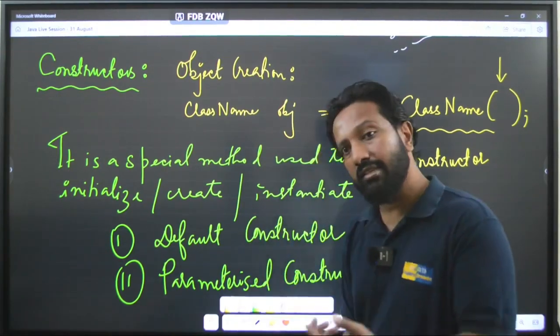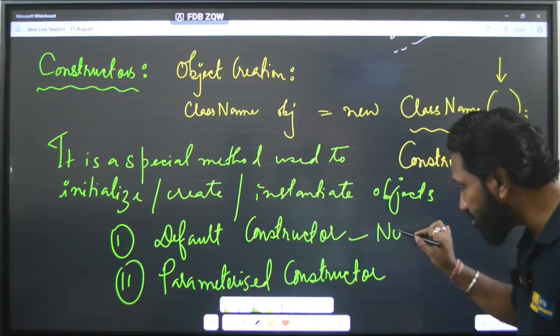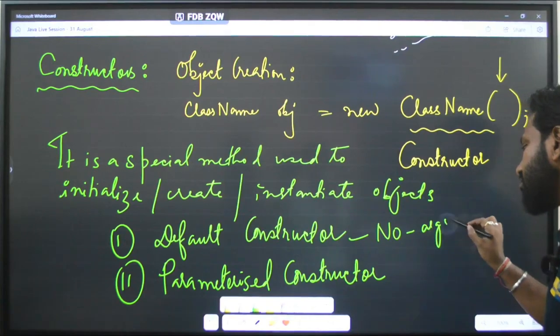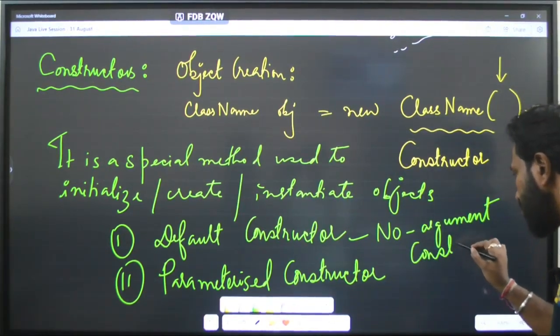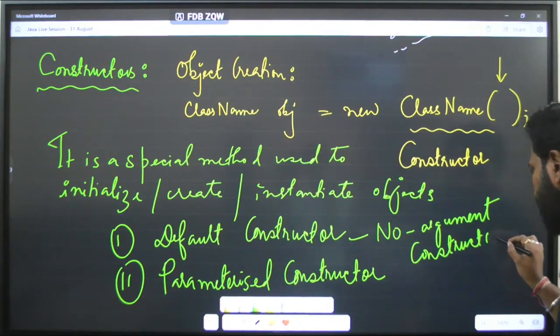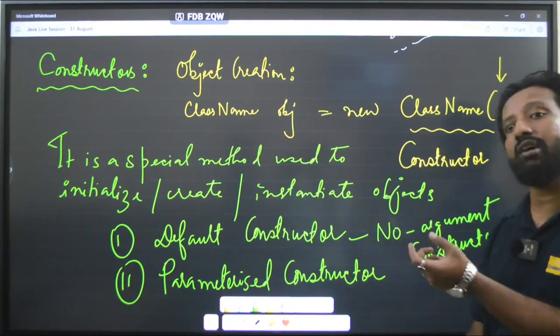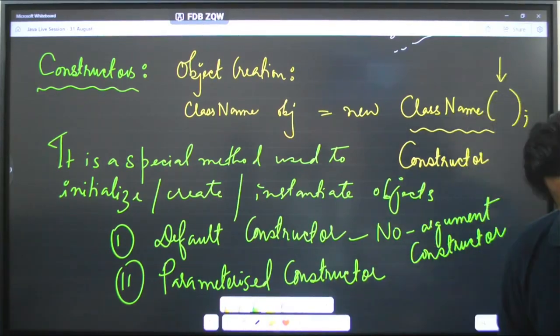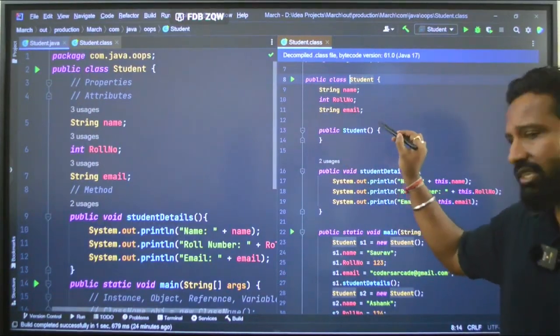Okay, guys, the default constructor is also known as no argument constructor. Okay, got it? The default constructor is also known as no argument constructor, because if you see here, this has been created by the JVM and no arguments have been passed.